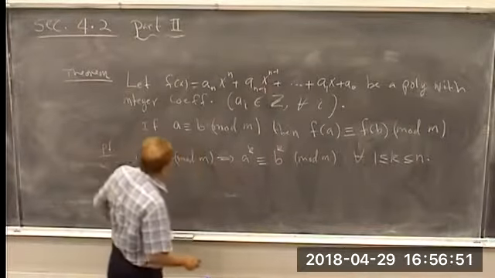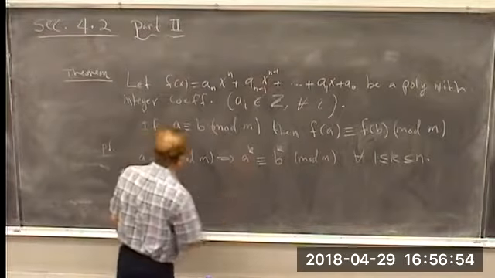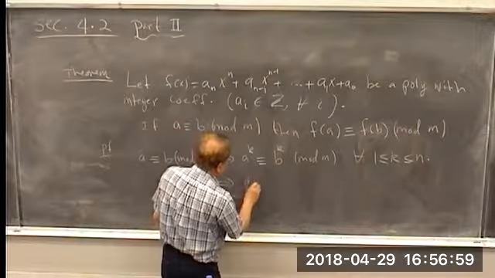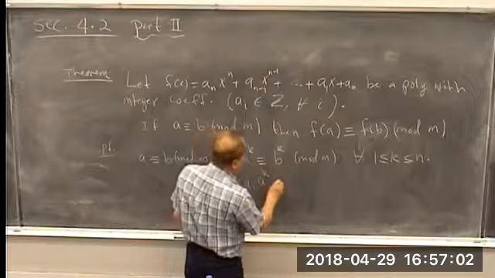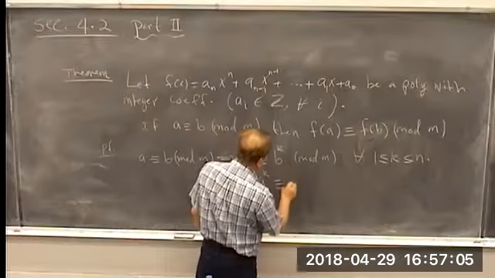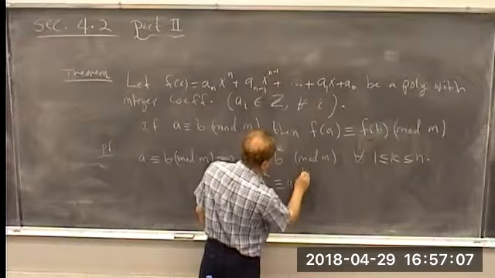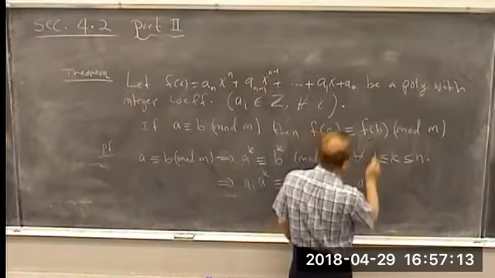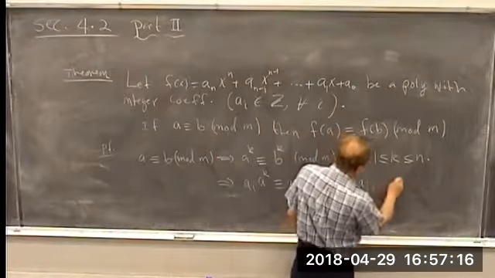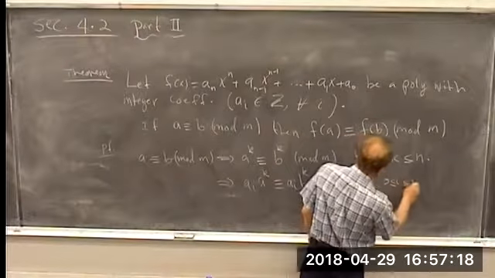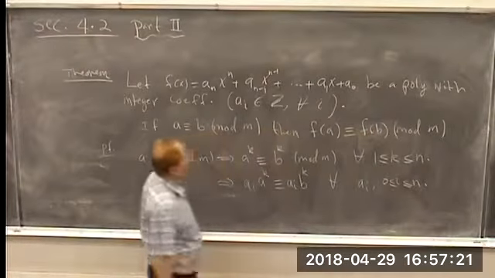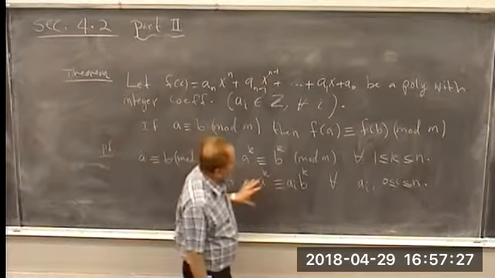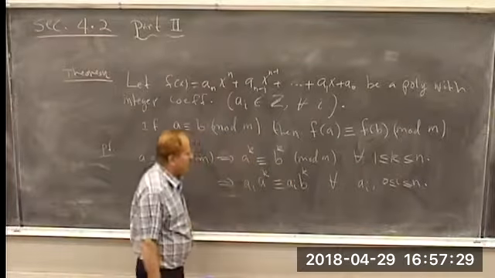If I multiply this congruence by A sub I, then A to the K is still congruent, this is by part E, A sub I times B to the K, for every A sub I, which are the coefficients of the polynomial, I between 0 and N. Because there are N plus 1 congruences in here, I can actually add them up.